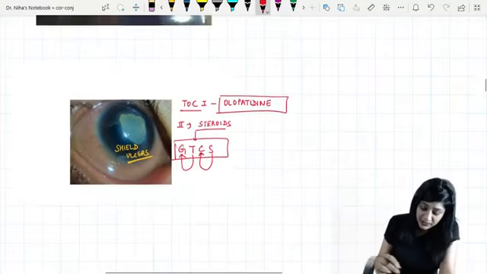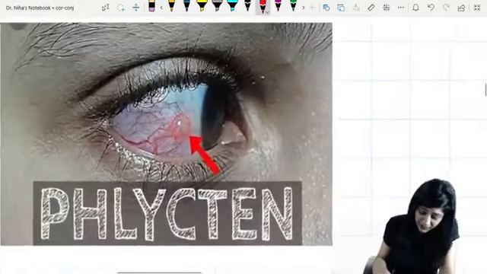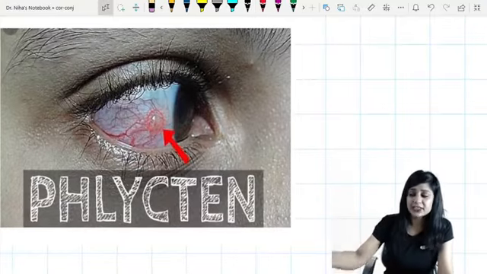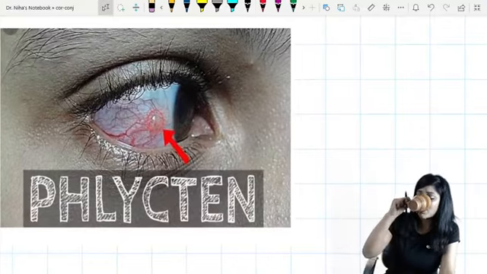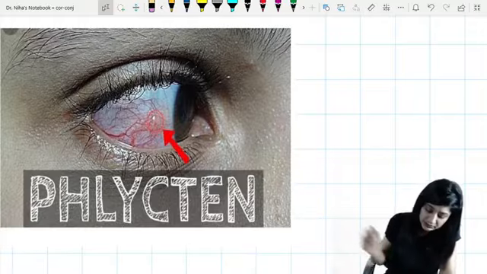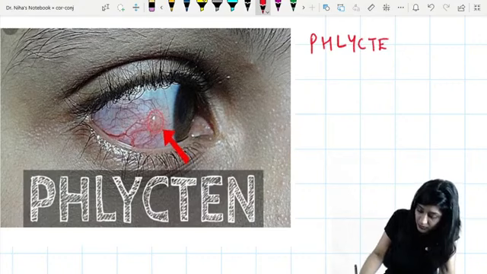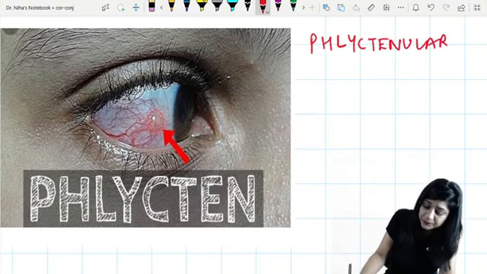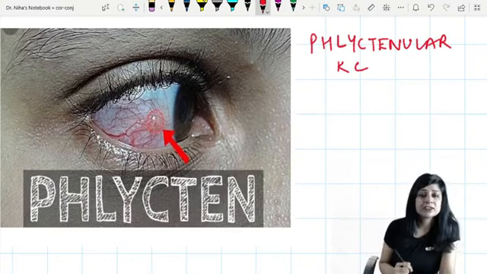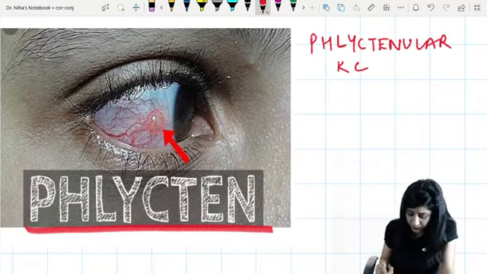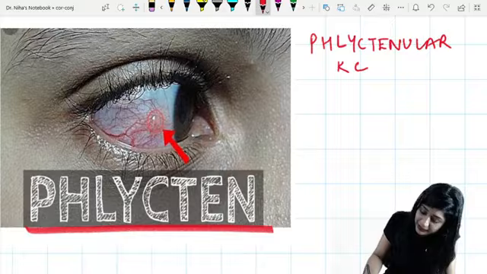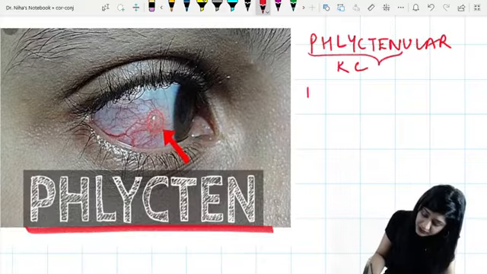Okay. Now, on the other hand, we have another allergic conjunctivitis. This other one is called phlyctenular keratoconjunctivitis. It is formed from the word phlycten, and phlycten means a nodule.